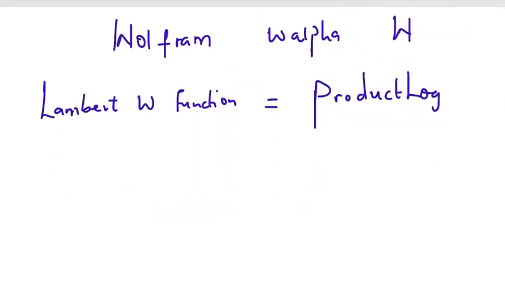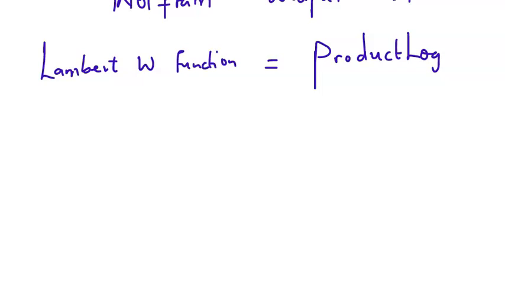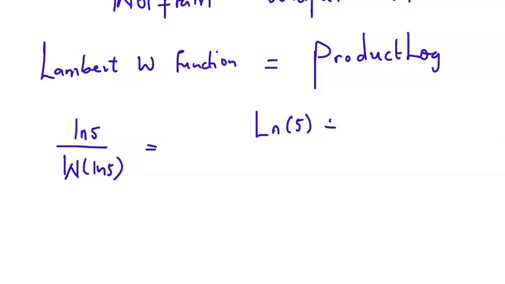So for you to input this in the Wolfram Alpha, remember we have the ln of 5 divided by the W of ln of 5. So Wolfram Alpha will understand this if you write this as capital letter N, then small n of 5, then divided by, or you put your slash anyhow you want to write it. So the W here, you will write it as the product log. So that is how the Wolfram Alpha will understand what we are talking about. So put your bracket and put the capital letter N and the small n, then of 5.